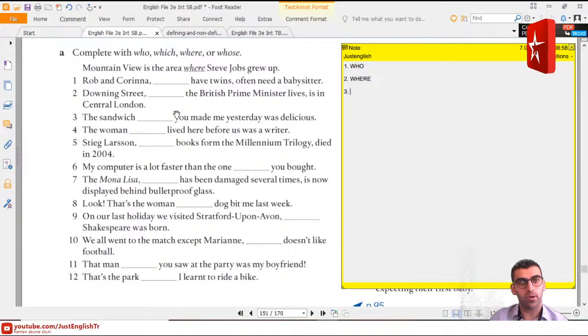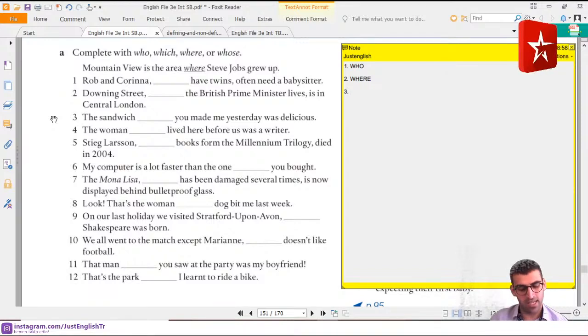So let's go with number 3, the sandwich you made me yesterday was delicious. I think you love it. Unfortunately, I don't like eating fast food, a burger, sandwich and so on. I don't like eating them because they are unhealthy.